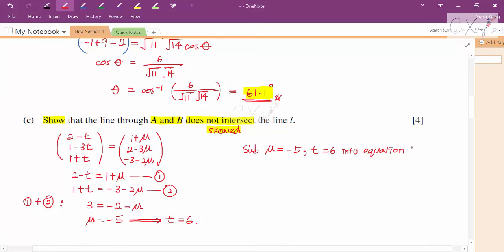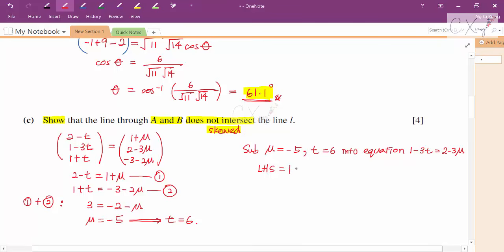So I'm substituting into this equation: 1 minus 3t equals 2 minus 3 mu. I substitute t into the left hand side.